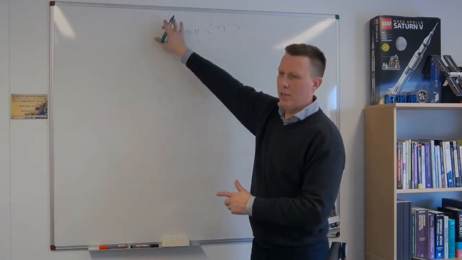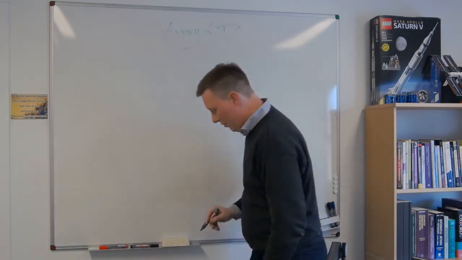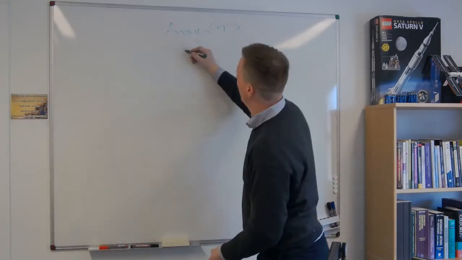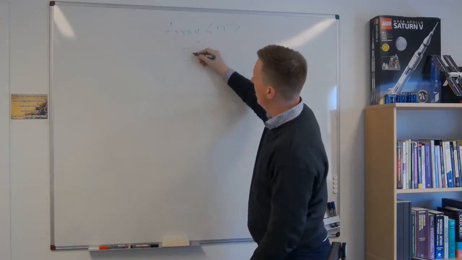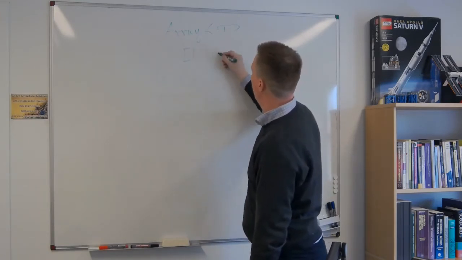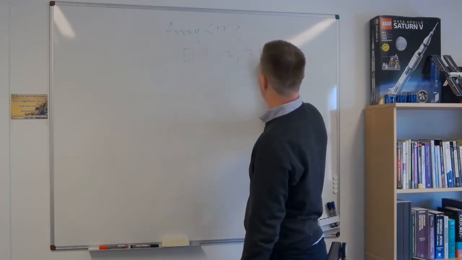We can just trust it. Arrays have similar syntax to lists. We have a shorthand, which is bracket pipe, and we can say 1, 2, 3, pipe square bracket.